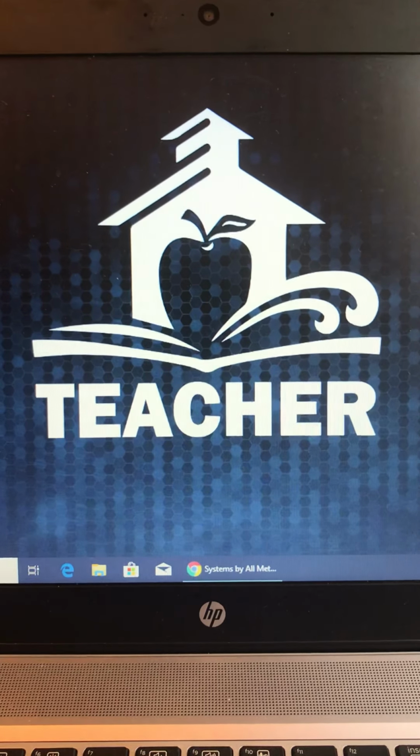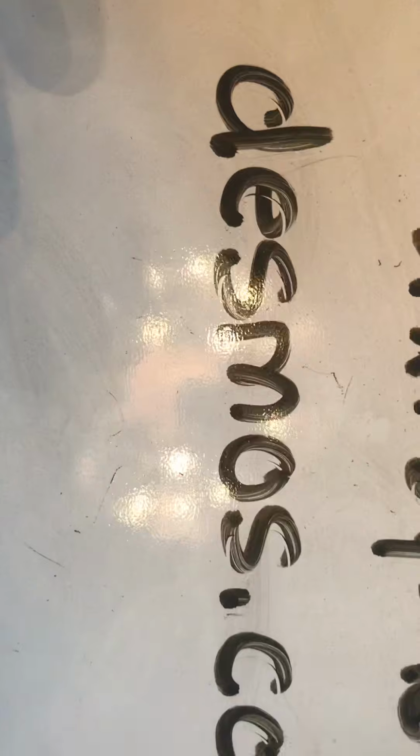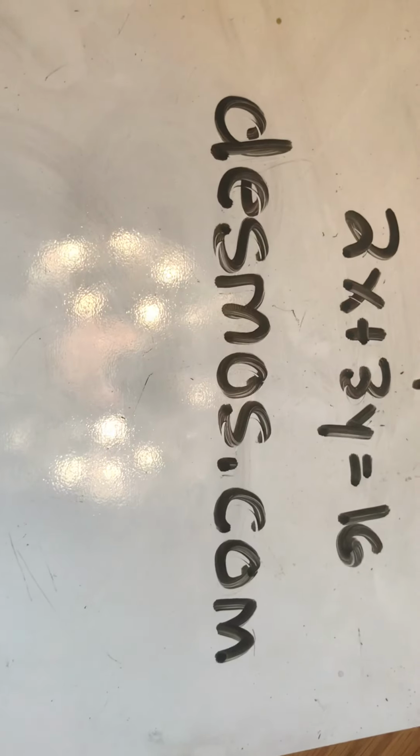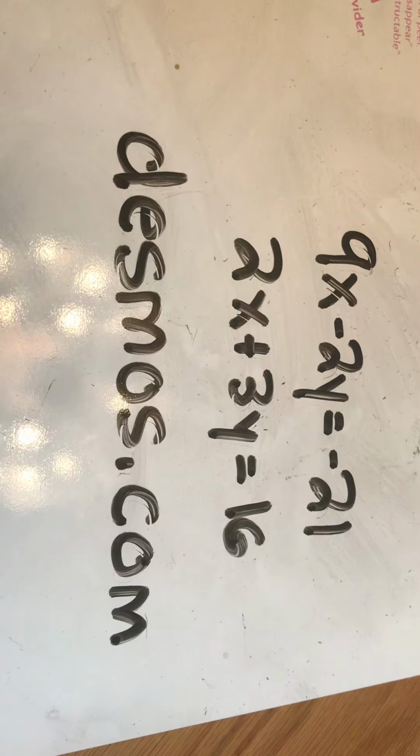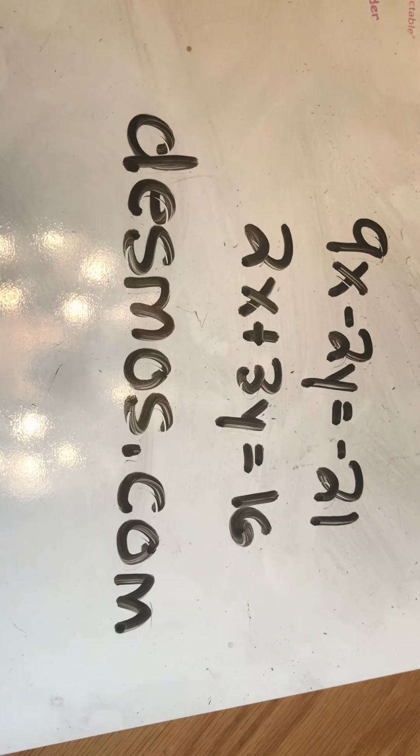The first thing you need to do is make sure you log into the computer, and the second thing you need to do is go to this website. It is called Desmos.com, and these are the two systems that we're going to check out. I'm going to do that with you here.